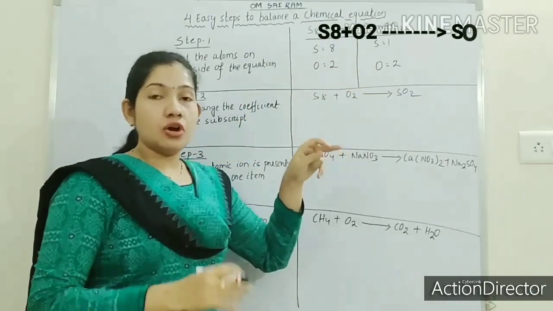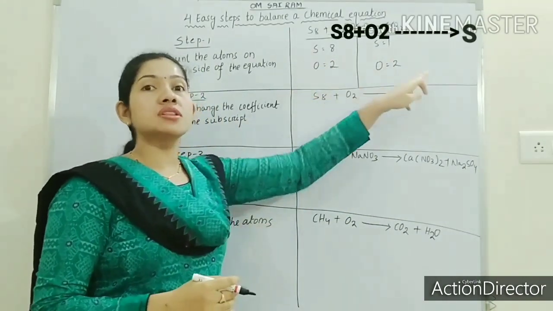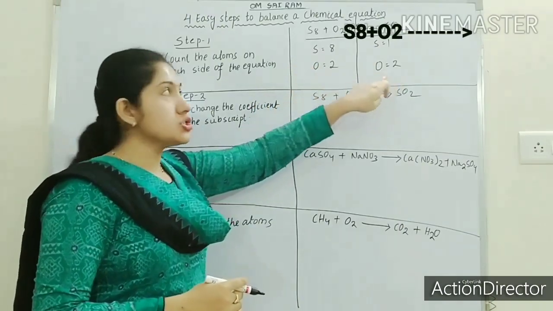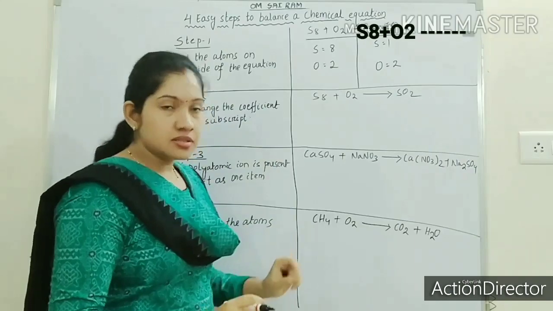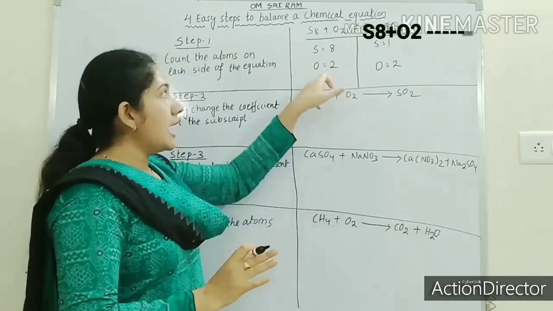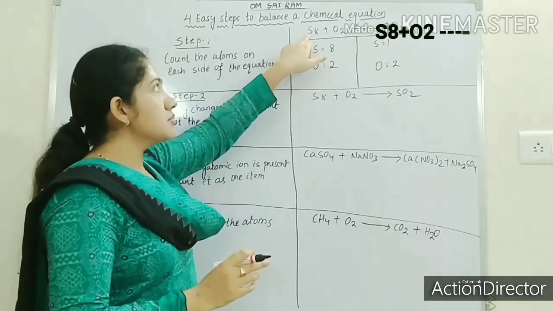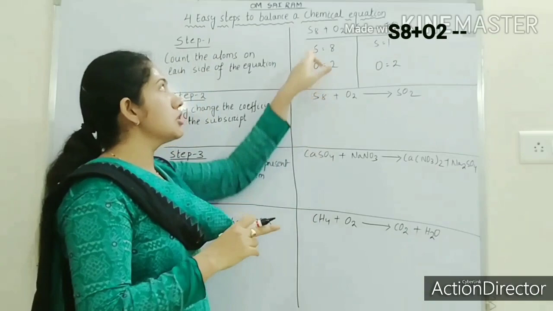What are the number of atoms present on both sides of the equation? On both sides of the equation, first you note down the name or symbol of the element, and then you write the number of atoms it has. S8 means 8 sulfur atoms combined to form a molecule.